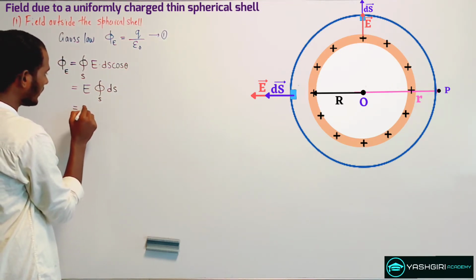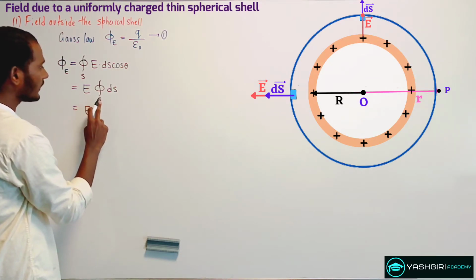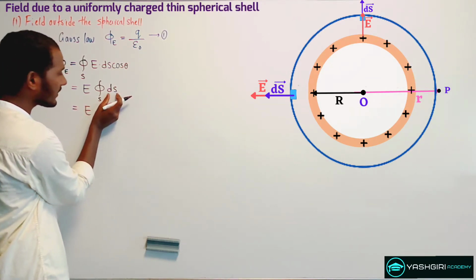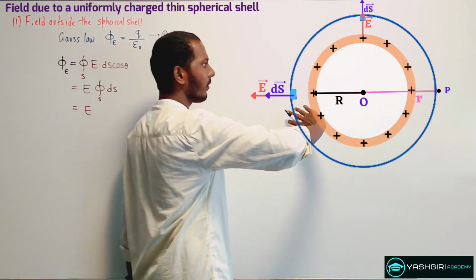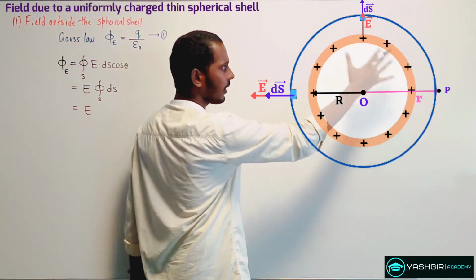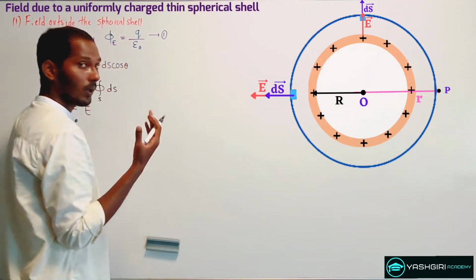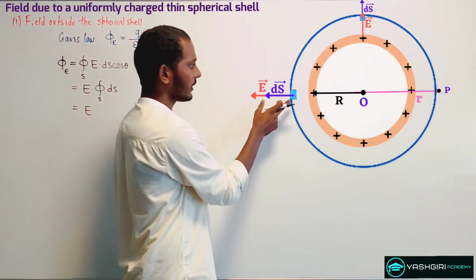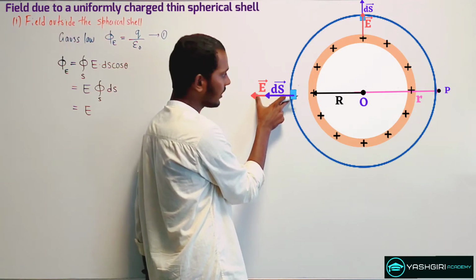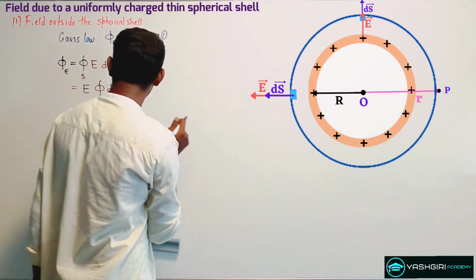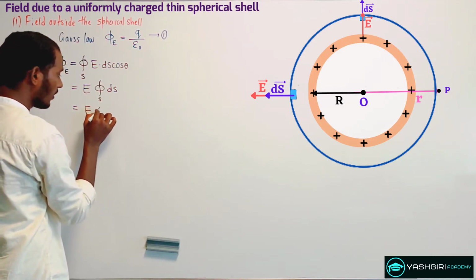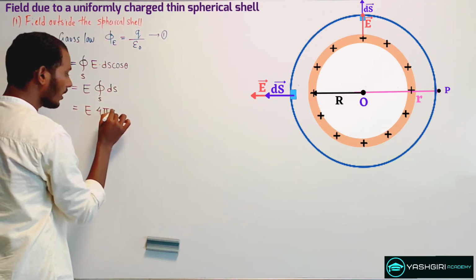Now I can just write this as E times the surface integral of ds. What is a surface integral? Yes, here ds stands for a very small area element, but I am interested in the entire surface of the Gaussian surface. So what is the formula for this sphere? Yes, I'm interested in the surface of this sphere. So that sphere, I can just write it as 4 pi r square.